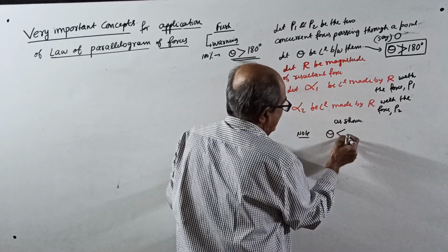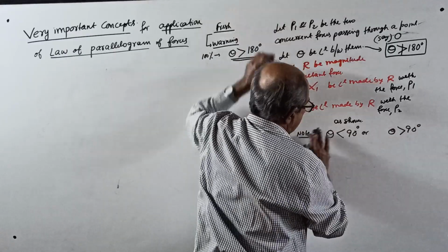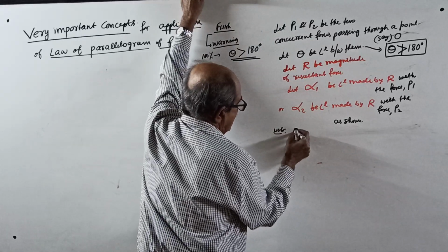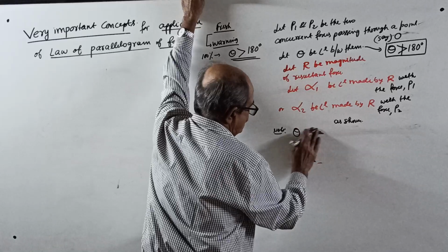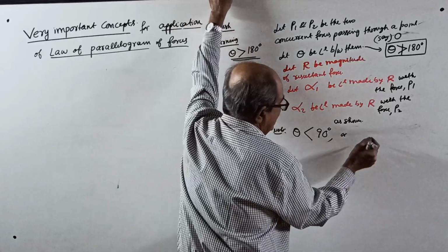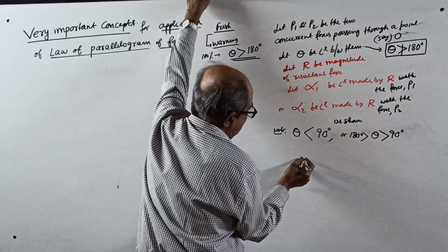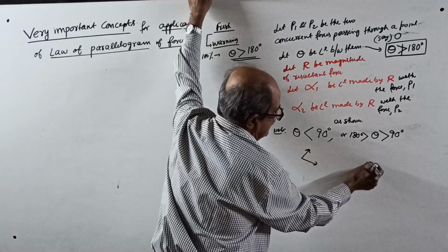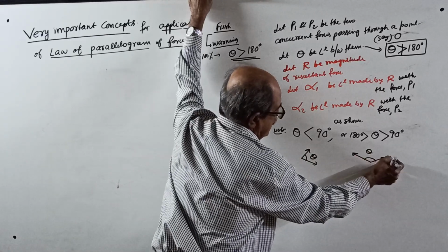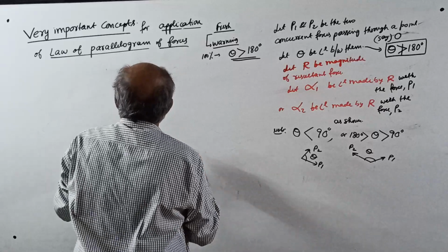Your theta can be less than 90 degrees, or it is possible that your theta is more than 90 degrees but less than 180 degrees. Any one P1, other P2. Okay.